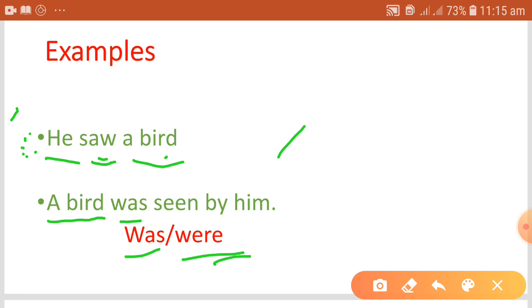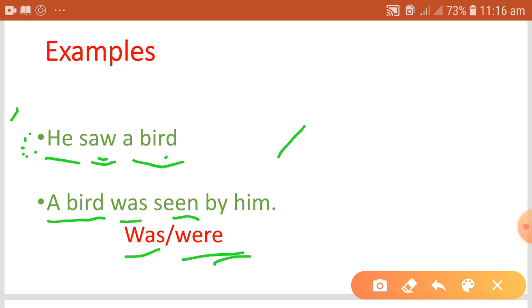So what is the past participle of see? Yes, see, saw, seen. So a bird was seen, and he is converted into the objective form and it is placed after by: by him.